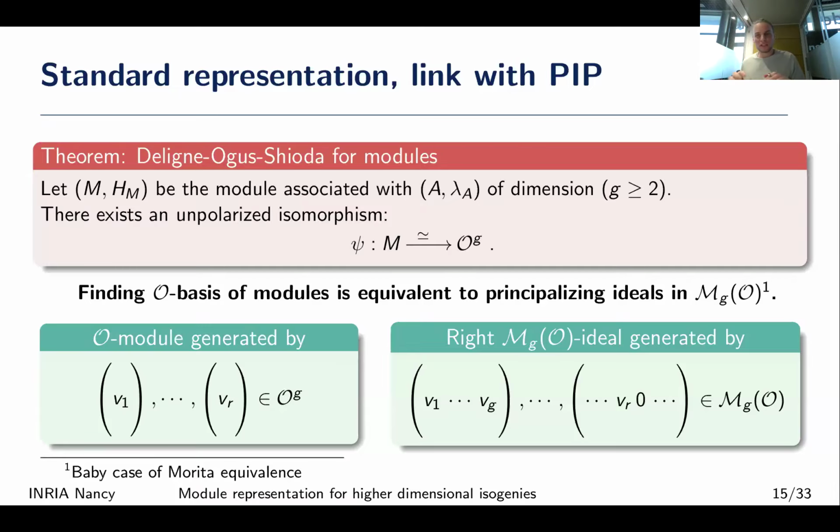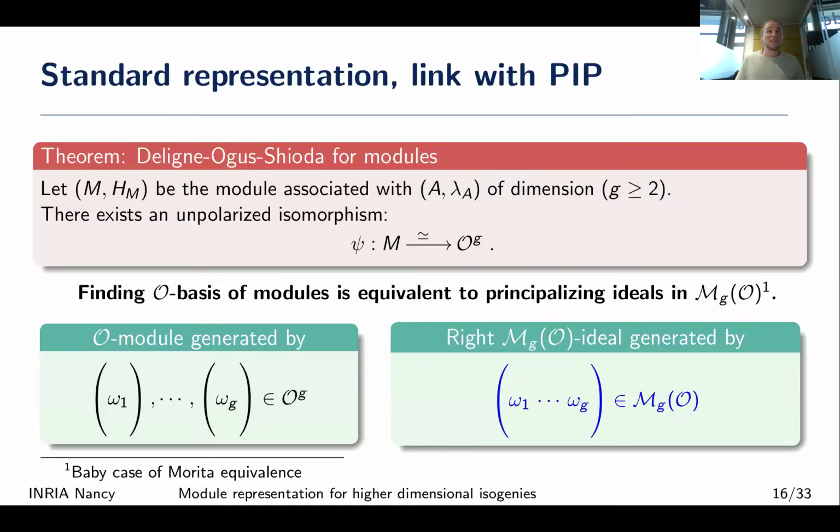This is really something known, that working on one side is the same thing as working on the other side. But that means that if we manage to principalize the ideals we're working with, so if we manage to find a single matrix which has only G columns that generate the same ideal, it means on the module side that we manage to find G generators of my module M. But since we are working with a rank G module, it means that we have in fact computed a basis of our module M. This is how those two problems relate.